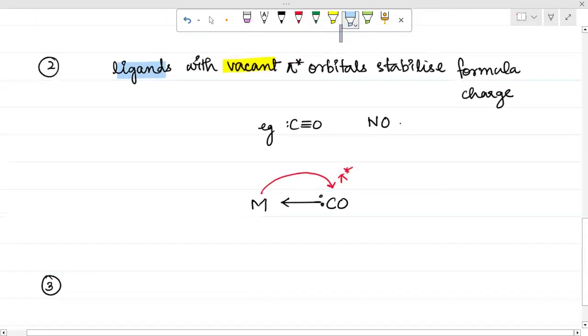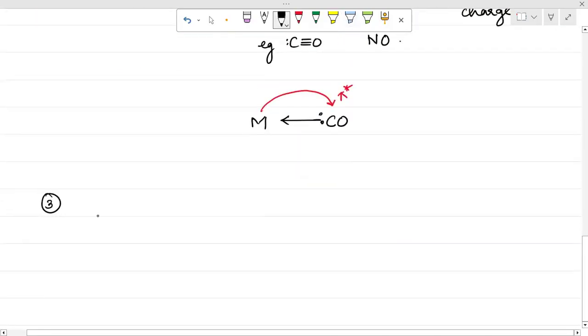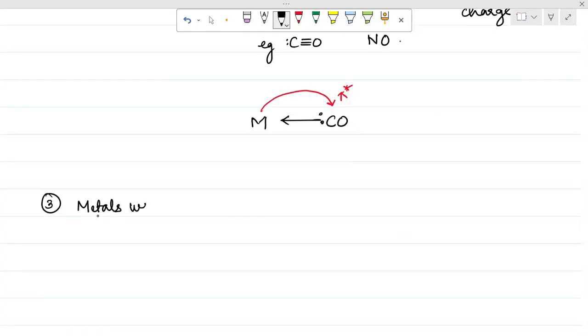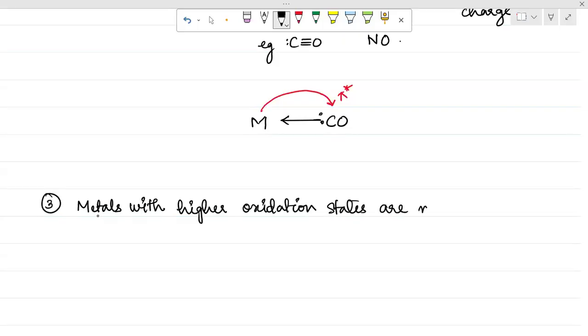Now, next one is with respect to the metal. Metals with higher oxidation states are more stable. Metals with higher oxidation states are thermodynamically more stable. Why?